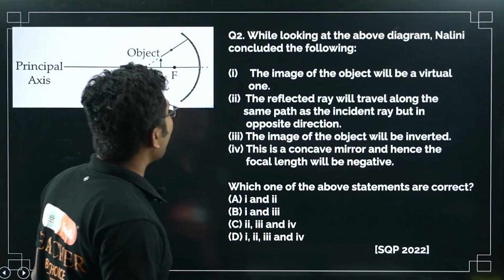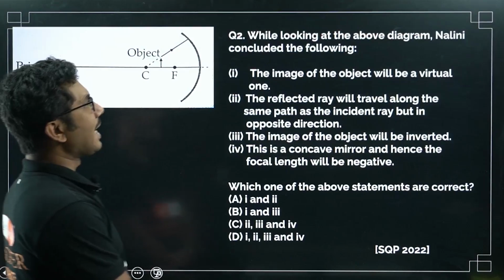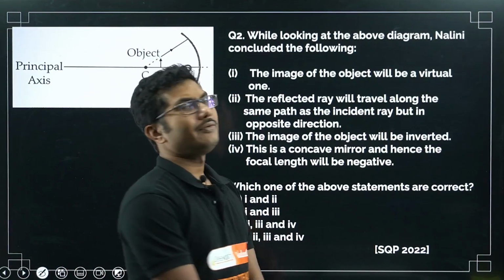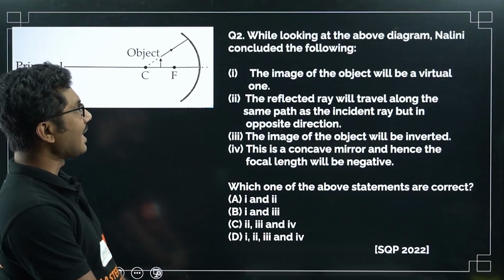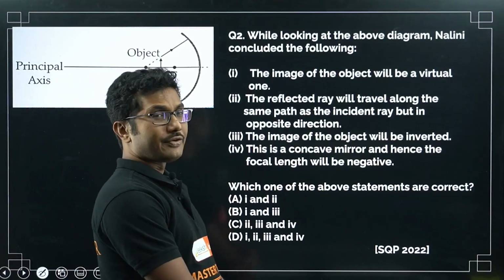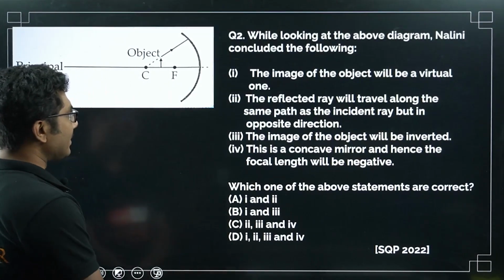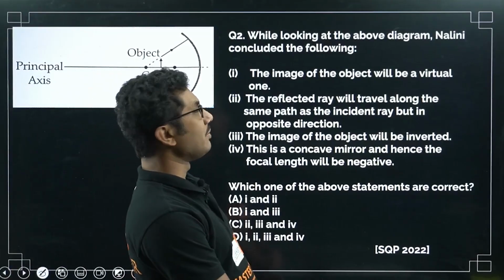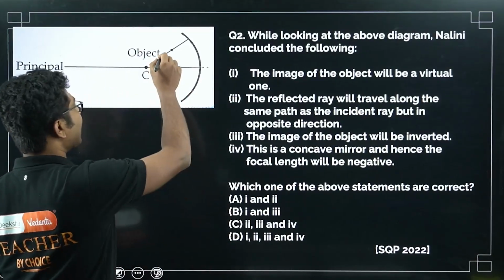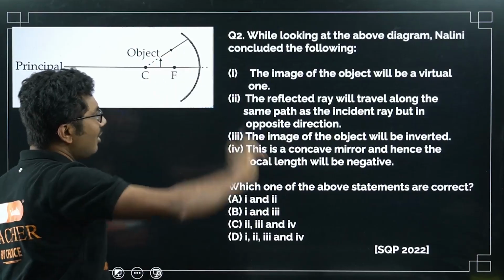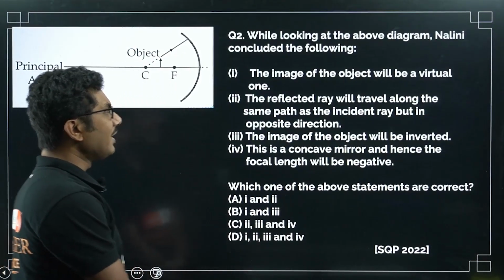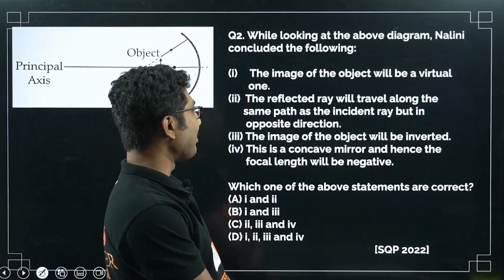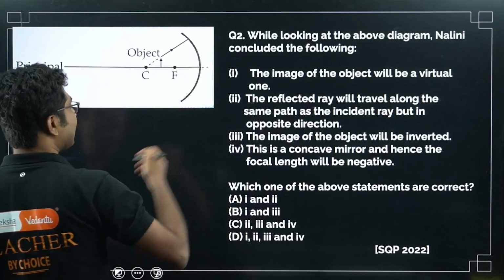Next is, while looking at the above diagram, Nalini concluded the following. They have given this diagram, and based on it, Nalini, a student, figured out some things. First, the image of the object will be virtual. Second, the reflected ray will travel along the same path as the incident ray, but in the opposite direction.